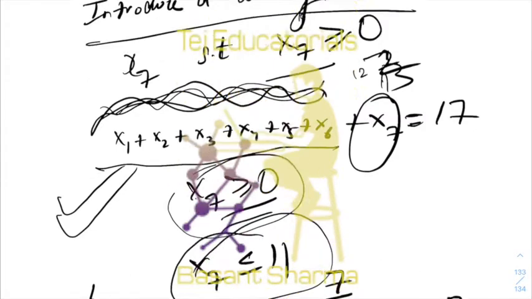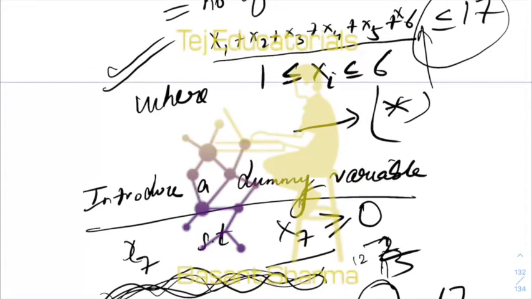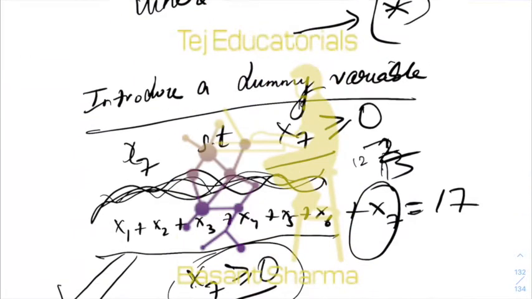Because corresponding to every solution here, it is very simple to see. Suppose you fix some value of x7. Let's say x7 is 1, then x1 to x6 should sum to 16, right?